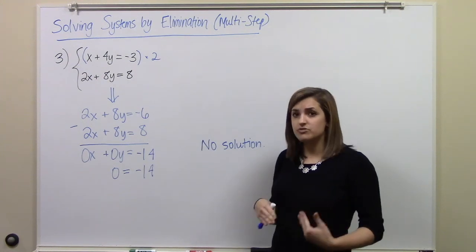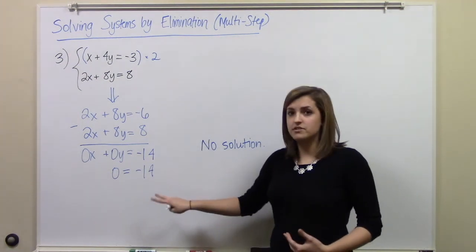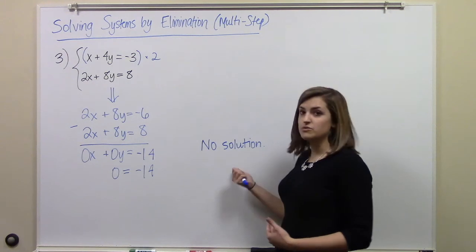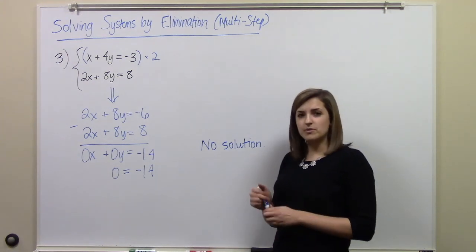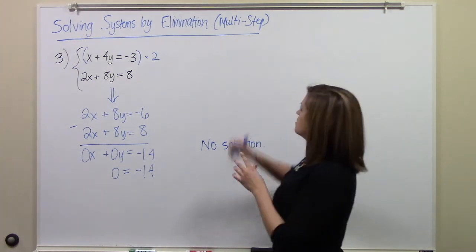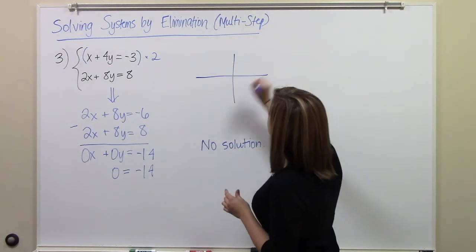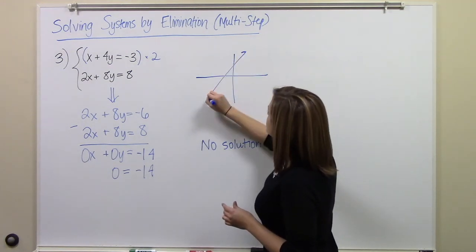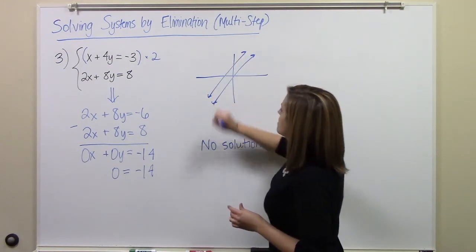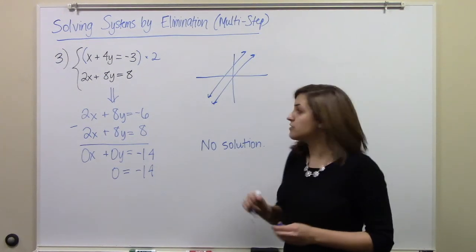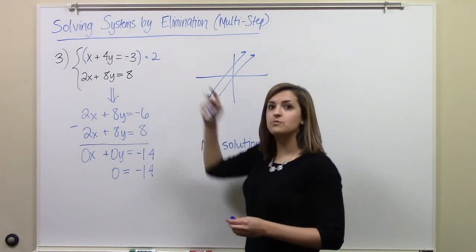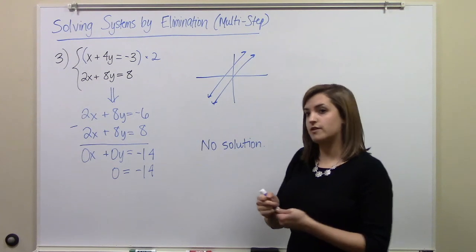But when it's not true, when we get two numbers that are not equal to each other, we get no solution. And if you remember what this looks like graphically, you'll remember that when we had no solution, it meant that we had two lines that were parallel to each other and never intersected. So if we were to graph these two lines, we'd see that they also were parallel.